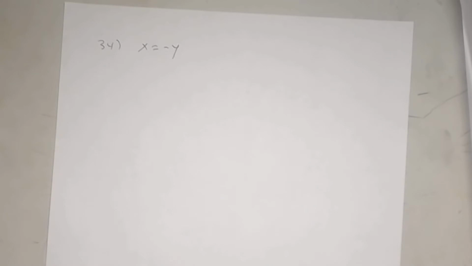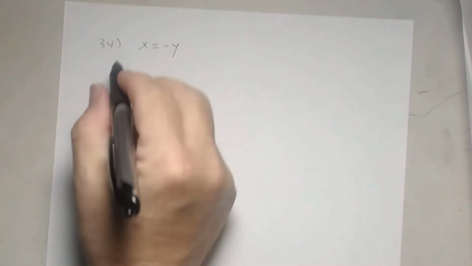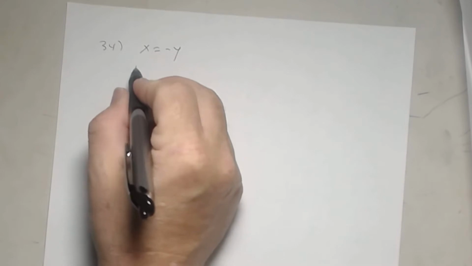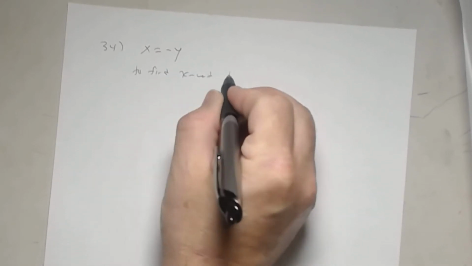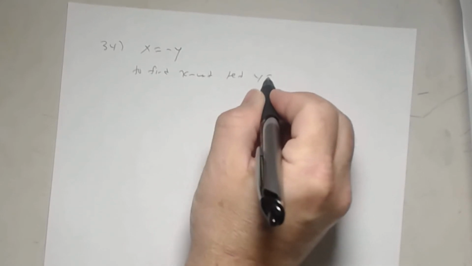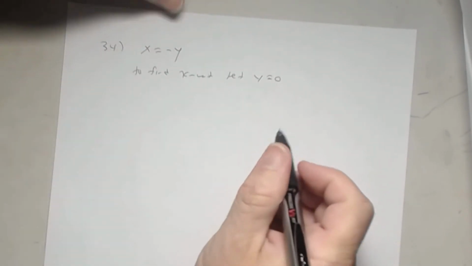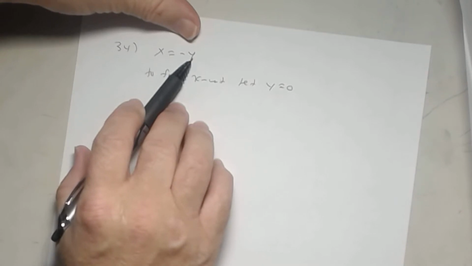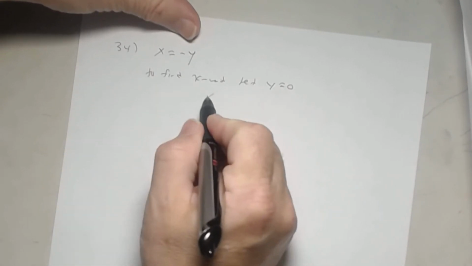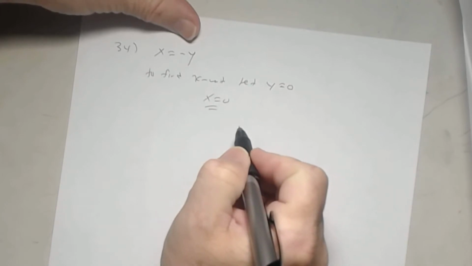It will say graph this using intercepts, just like we just did. But you notice something. To find the x-intercept, you're going to let y equal 0. So if y is 0, then negative 0 is what? 0. So x equals what? 0.